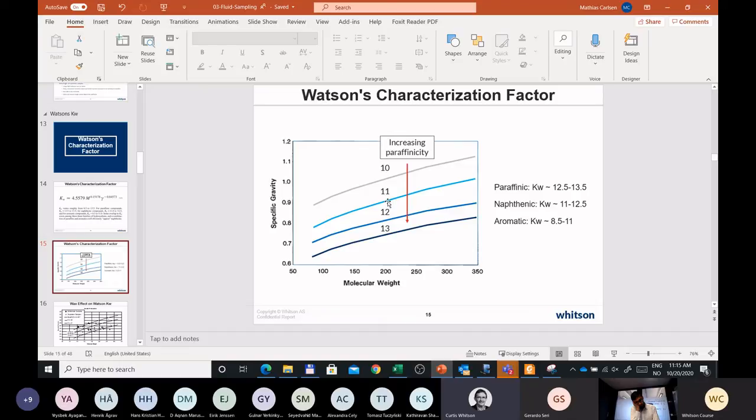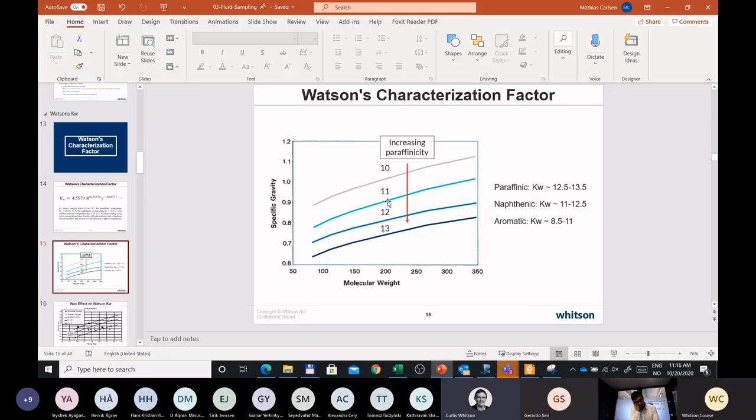The things that you typically have today that help build this relationship are the C7, C8, and C9 single carbon numbers with isomers. So you can actually build the average properties of C7, C8, C9, and those three should hopefully fall on the trend of whatever correlation you build.